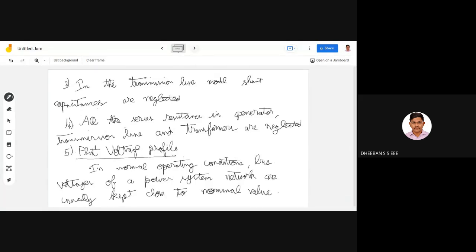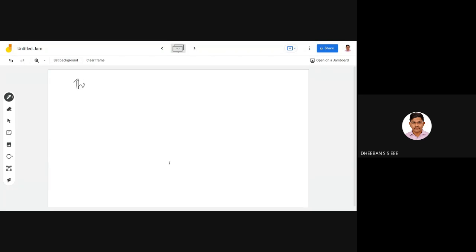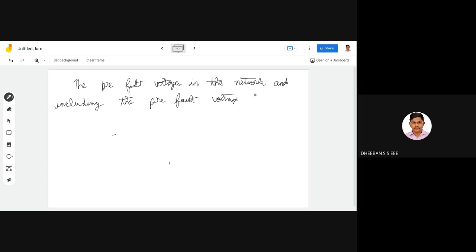And the pre-fault voltages in the network, including the pre-fault voltage at the fault point, can be taken as flat voltage.